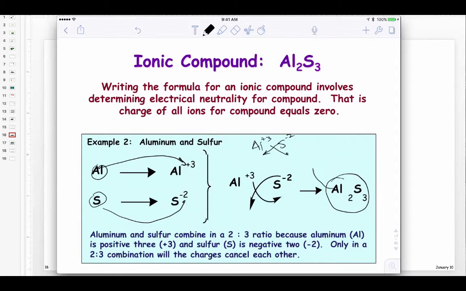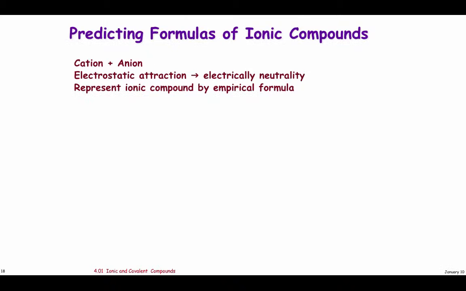What this means is that you have 2 aluminum at +3 apiece and 3 sulfur at -2 apiece. So the net is +6 and -6. Again, electrically neutral. Crisscross works because in the end you get an electrically neutral species.